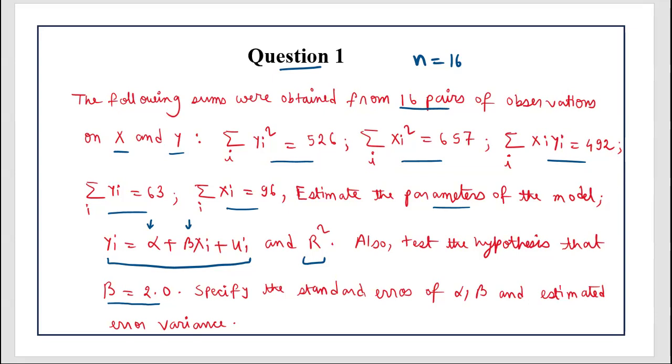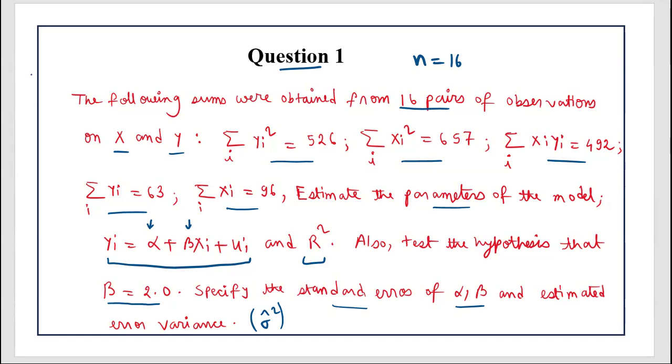To test that using hypothesis testing, you also have to specify the standard errors of alpha and beta and the estimated error variance, which is basically sigma cap square. Remember, we have proved the formula of this also. We have derived all the formulas. So this is basically an all-in-one question where your entire concept of CLRM will be tested, right? I have formulated the question in that particular way only.